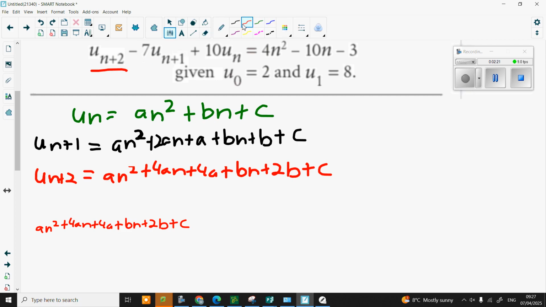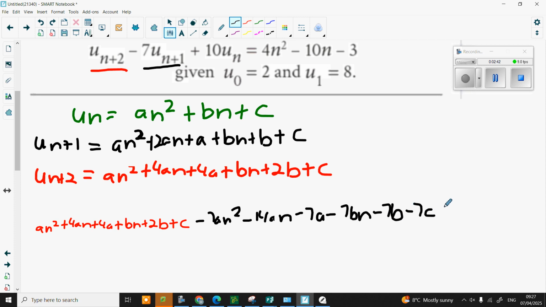Minus 7 times the black one. So let's multiply that black line by 7. Minus 7 an squared minus 14 an minus 7a minus 7bn minus 7b minus 7c.